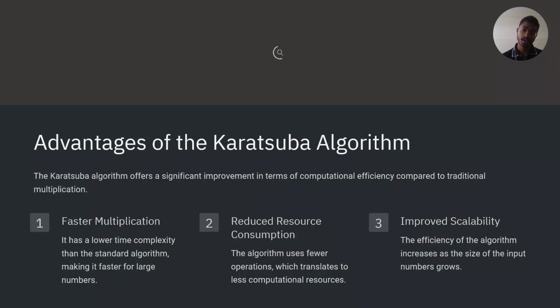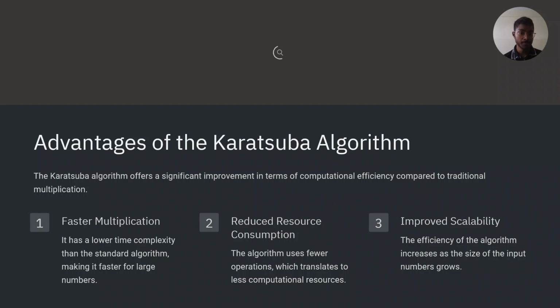Then let's look at the advantages of the Karatsuba algorithm. It offers significant improvements in computational efficiency compared to traditional multiplication: faster multiplication, reduced resource consumption and improved scalability. Let's understand all three in depth.